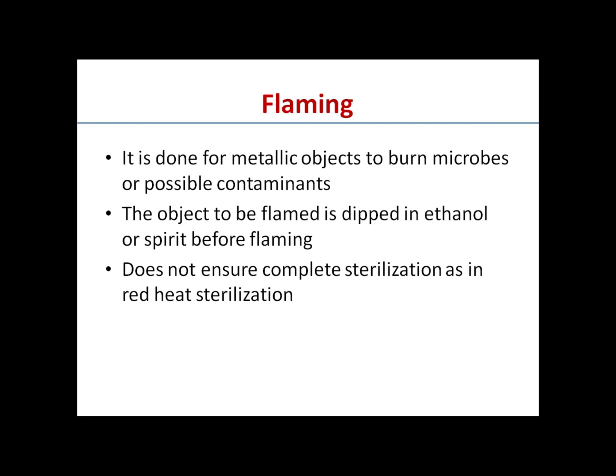Flaming is done for tools like forceps that cannot be made red hot, that can only be flamed after dipping in ethanol or spirit. So it ensures elimination of most of the microbes through a combination of flame and ethanol or spirit.